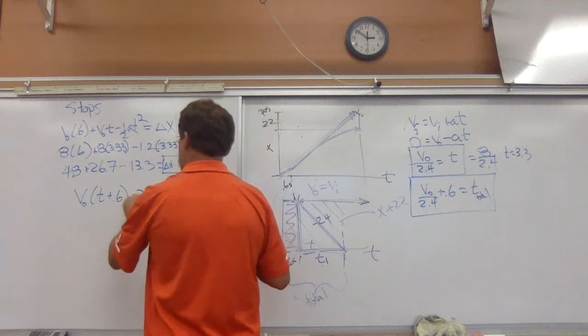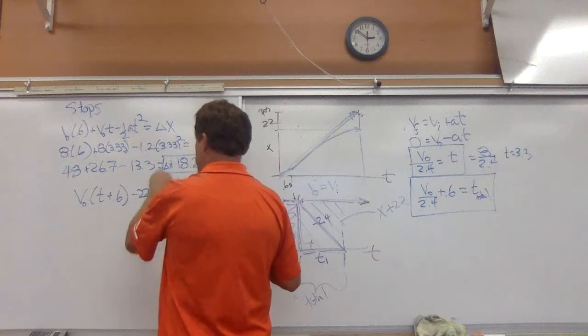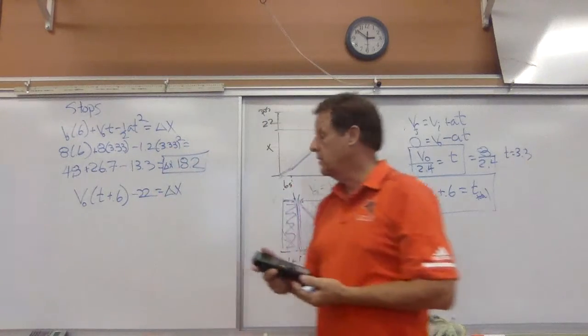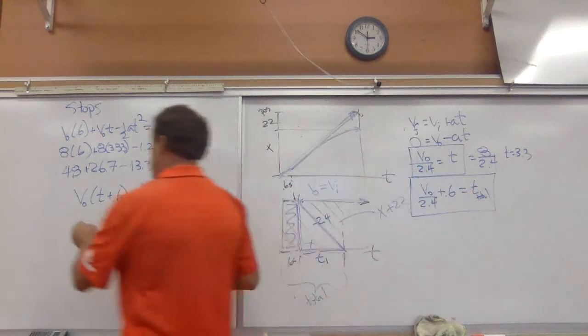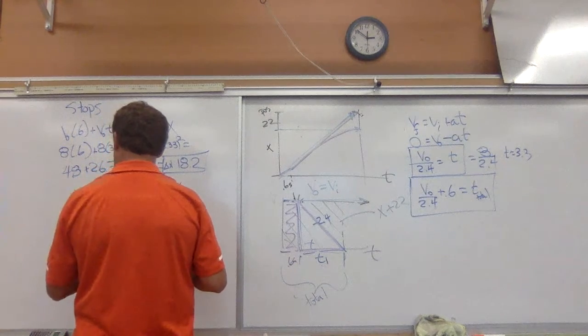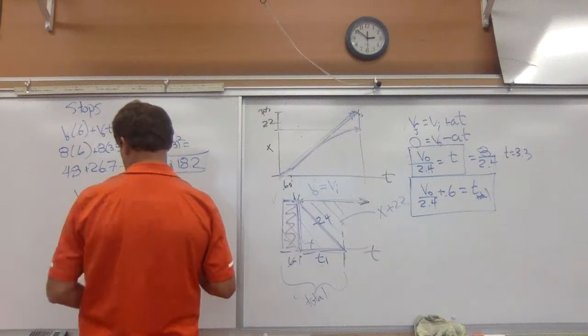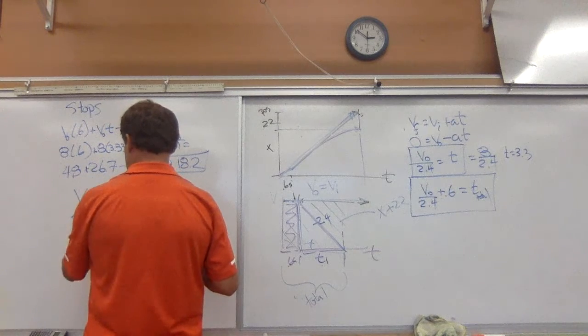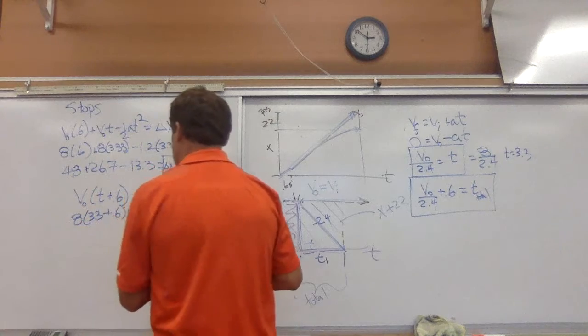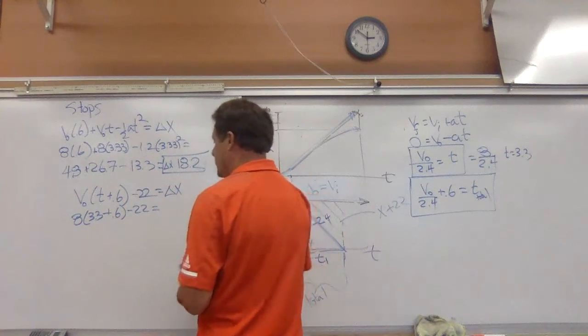So here we're going to subtract 22, and that should be the same delta x that this is. And if we put in 8 times 3.33 plus 0.6 minus 22, that is going to give us delta x.